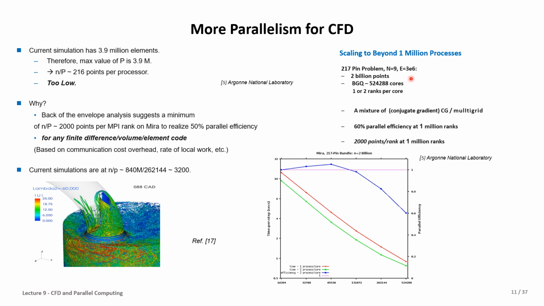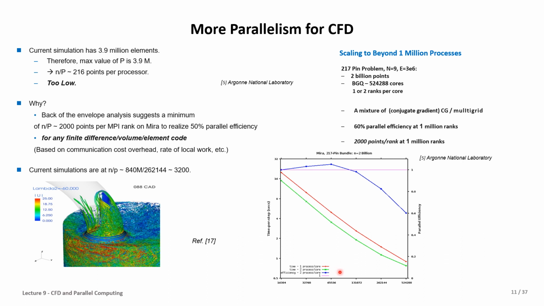We have 2 billion points and 524,288 cores. We can do it with 1 or 2 ranks per core. The result shows the red line for 1 processor per core and the green one for 2 processors per core for the time of the solution, and the blue one is the efficiency with 2 processors.